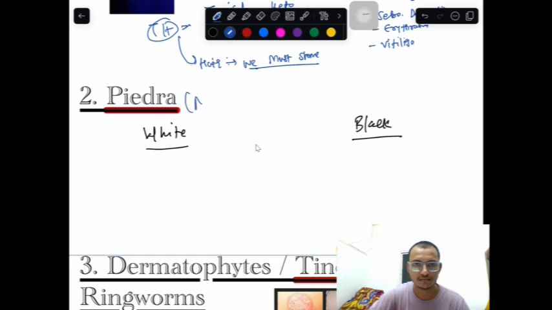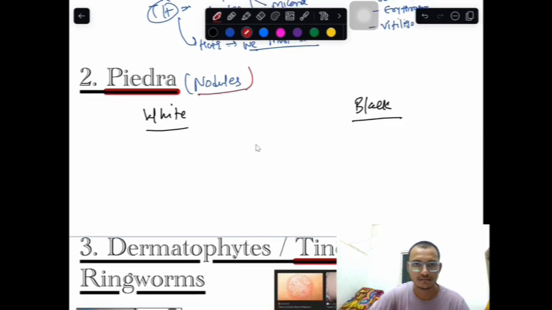Right? The second infection is piedra. Piedra means nodules. There are two types, white and black. The black one is hard. So what is the organism? It is Piedraia hortae. And what is the white one?